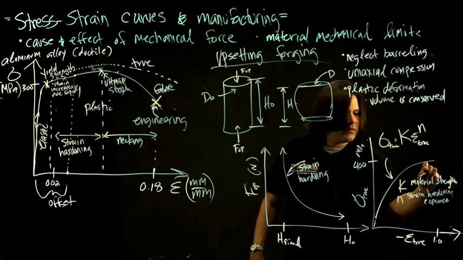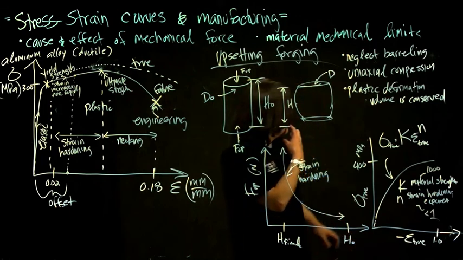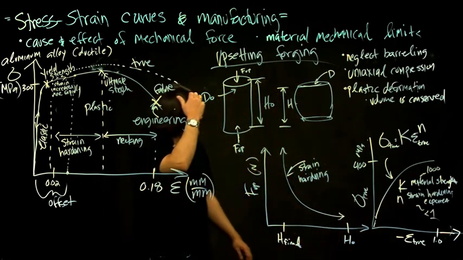So K is around 1,000, and n is less than 1. Typical numbers you'll see for different ductile materials.